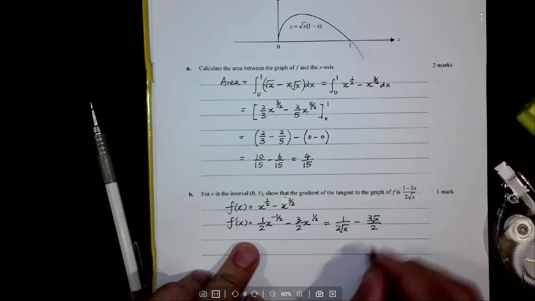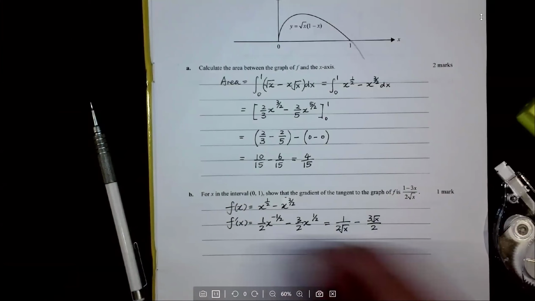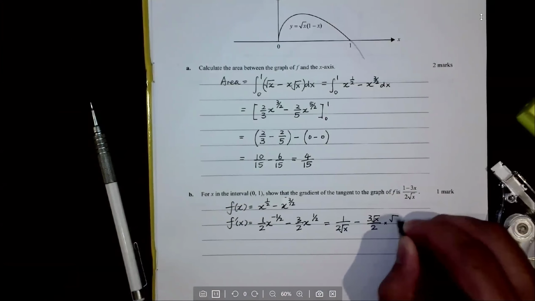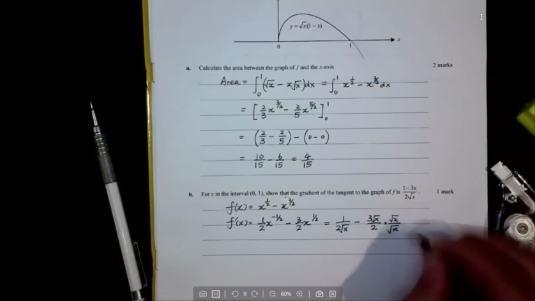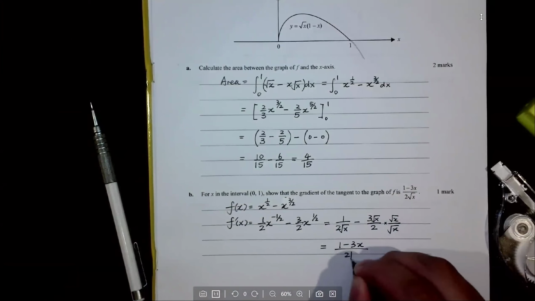The next thing I'm going to do is try to combine the fractions. So multiply a root x here divided by root x here. Eventually I get 1 minus 3x divided by 2 root x.